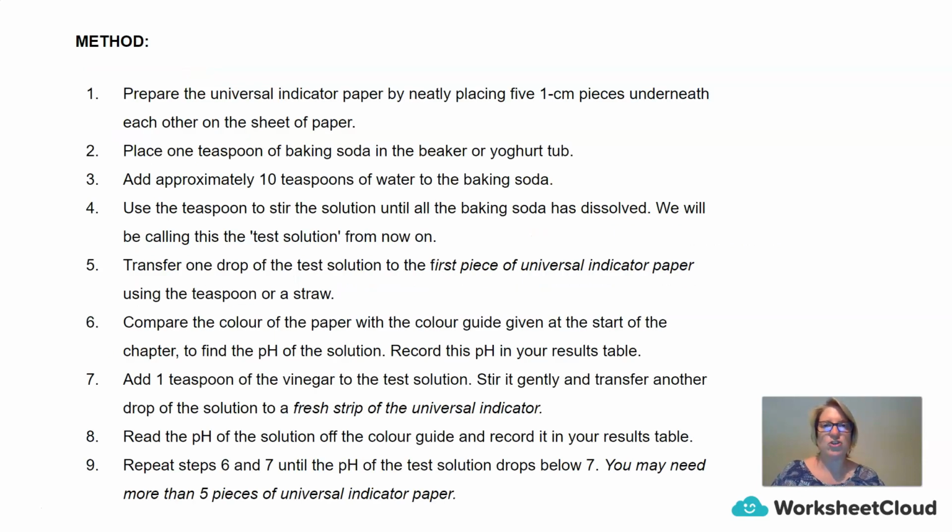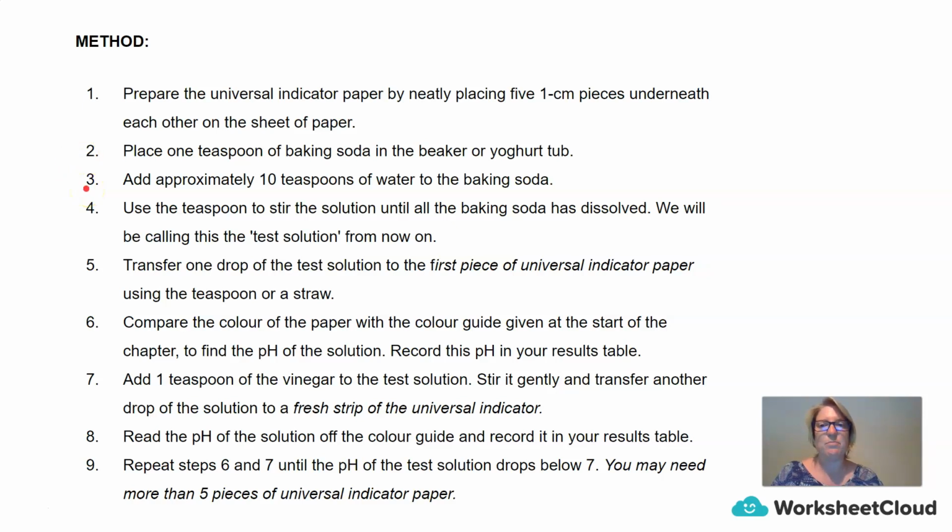So here are the instructions for carrying out the method. I'll read through it with you and try and answer any queries that I think you may have. So initially you need to make some universal indicator paper, or you'll need to make a home-based acid-base indicator. But start out by placing 1 teaspoon of baking soda into a container.